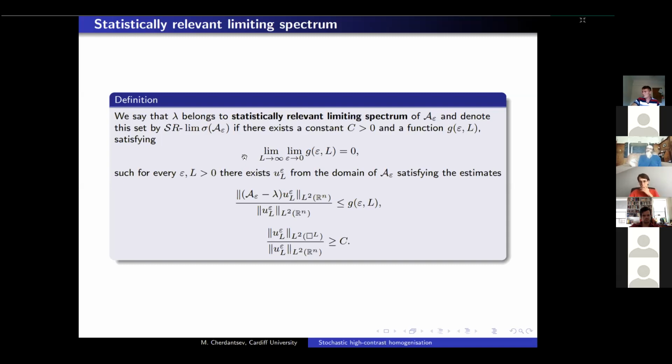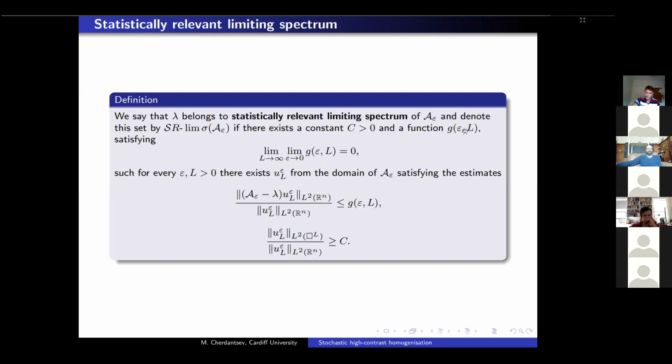So this is the idea, but I'll need maybe 3 more minutes to finish this. And this is the rigorous definition. We say that lambda belongs to the statistically relevant limiting spectrum of A epsilon, and we denote this set by SR limit of sigma of A epsilon, if there exists a positive constant and a function g such that g satisfies this condition.